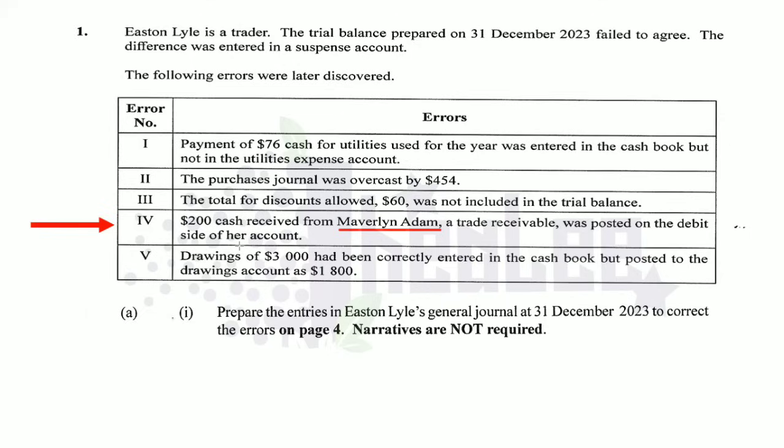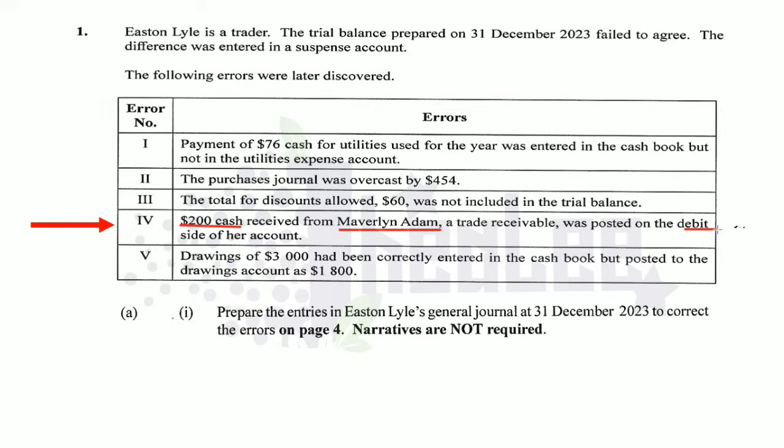And if your asset decreases, you are to credit. But we are seeing where this $200 was placed on the debit of Marveline's account. And it means that that's a reversal of that entry that was made. Remember, if there's a reversal of the entry, you're going to put the entry on the correct side, but you have to double the amount.